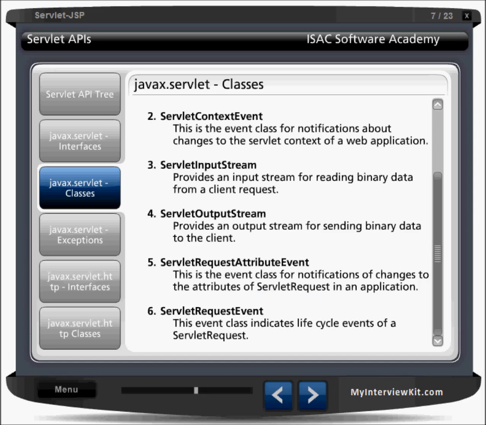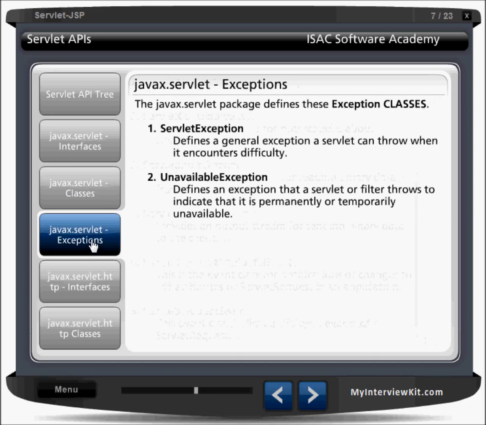Now there are some exceptions in servlets that you have to take care of. One is ServletException, second is UnavailableException. ServletException defines a general exception a servlet can throw when it encounters difficulty. UnavailableException defines an exception that a servlet or filter throws to indicate that it is permanently or temporarily unavailable. So we have only these two exceptions.